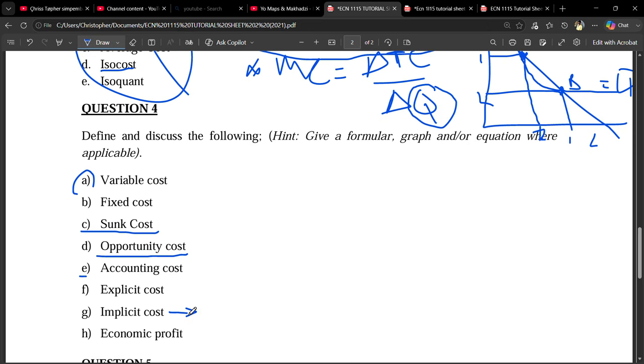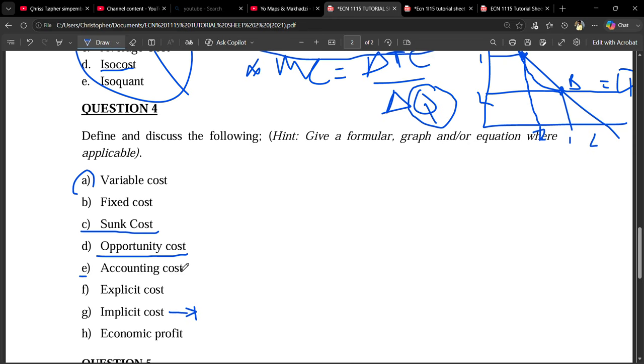Okay, so I've already explained this part. And now this is the actual money that someone has paid for something. So this is simply the cost that someone has paid for something. Like you're in a company or a firm, you're producing something, you pay laborers, you pay rent, that actual amount that you're paying, that is what we're calling accounting costs.